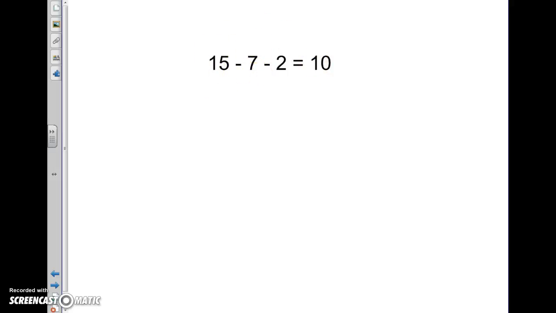So if we put our parentheses around this 7 minus 2 instead, that would look like 15 minus (7 minus 2), which is 5, and then 15 minus 5 does equal 10.